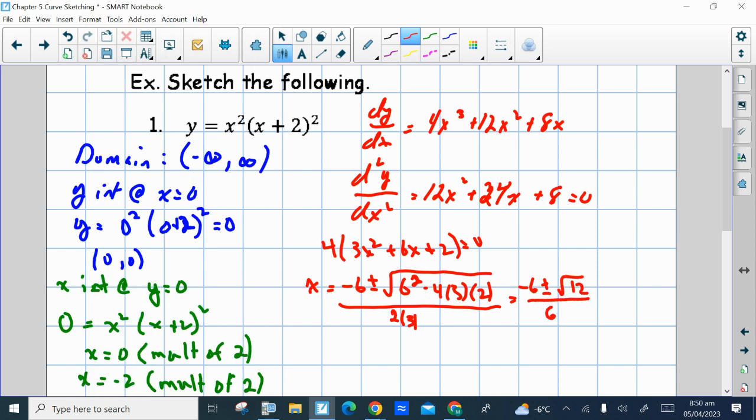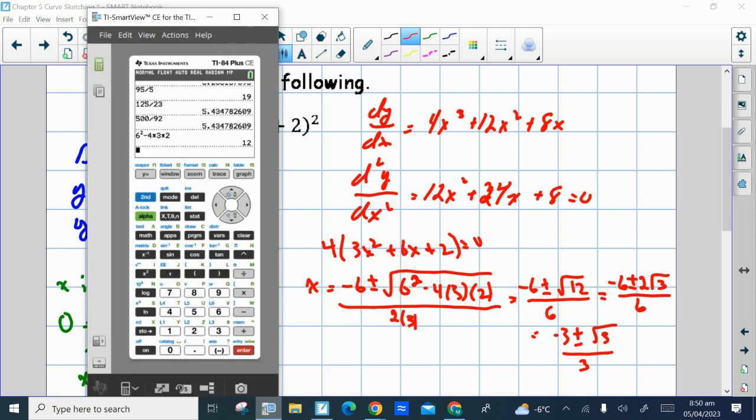all over 6. Now you can't cancel the 6's because you have to be able to divide all 3 terms by the same number. And right now we can't do that, but we can simplify the radical term. That breaks down to root 4 root 3, which is 2 root 3. And so we'll divide everything by 2 now to simplify. And that would be the exact values of our critical numbers.